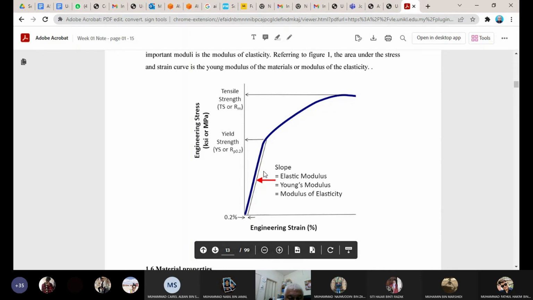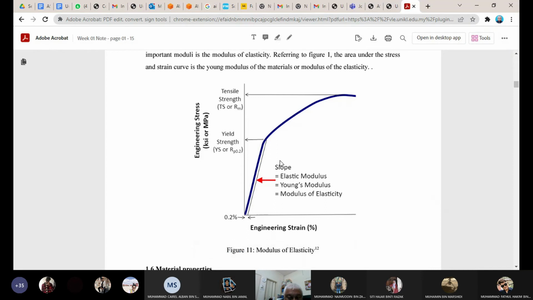Stress over strain is the E, which is the modulus of elasticity. Or we can also say the area under curve. So those are modulus of elasticity, or Young modulus, or elastic modulus. You have 3 names for that, but they are the same thing.